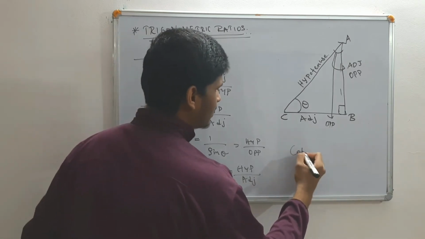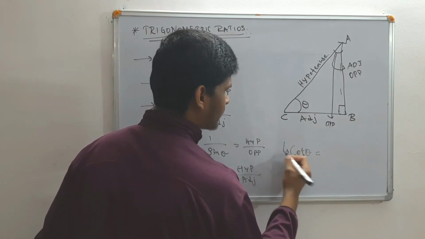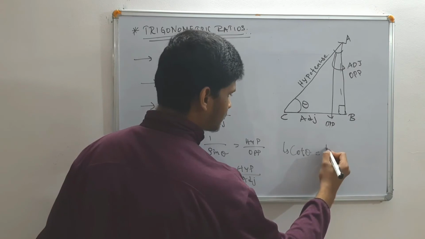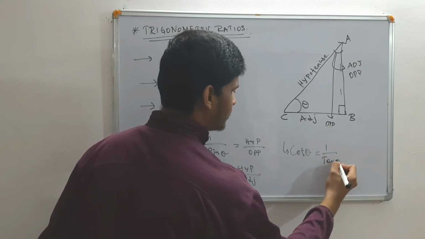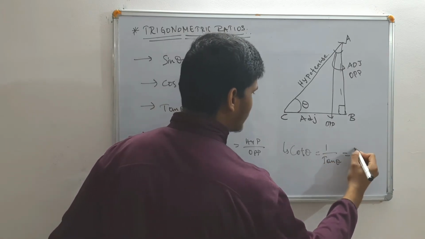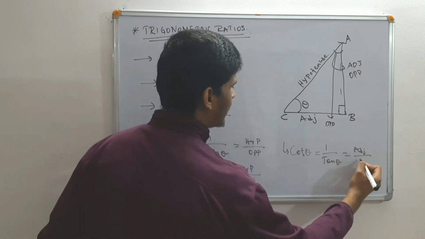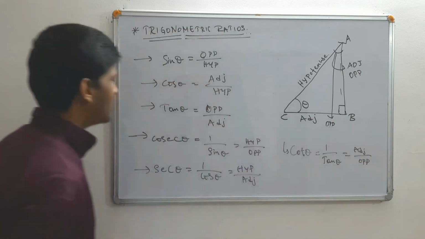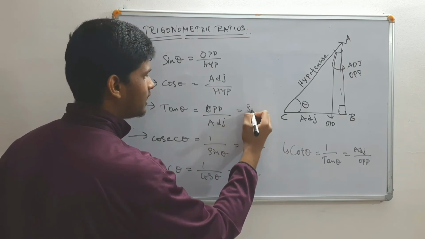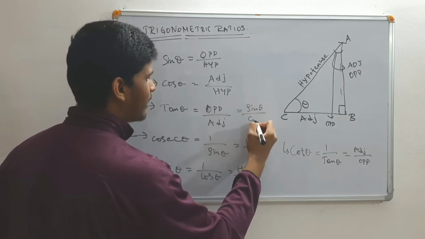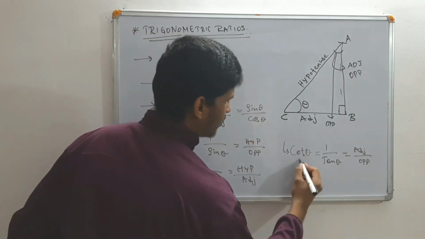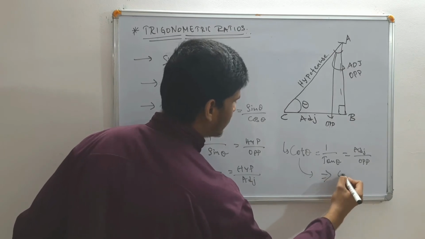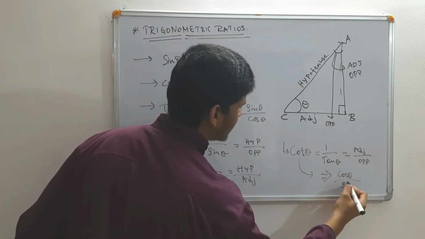And the last one, cot theta is equal to 1 by tan theta, which is adjacent side by opposite side. Also, you can see that tan theta is sin theta by cos theta, and cot theta is cos theta divided by sin theta.